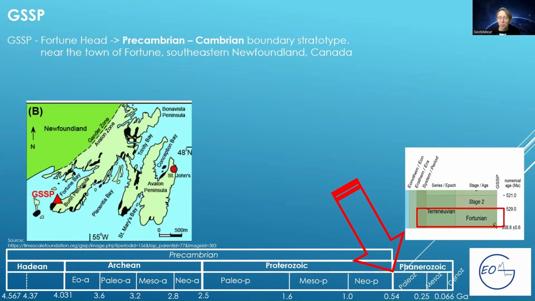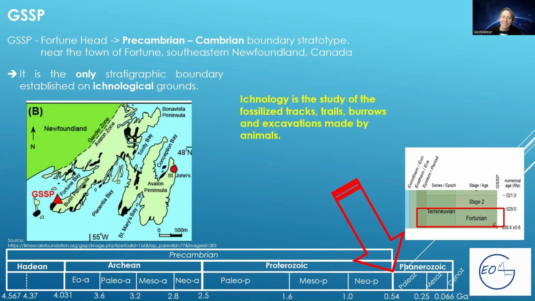Why is this GSSP unique? Because it's the only stratigraphic boundary established on ichnological grounds. Ichnology is the study of the fossilized tracks, trails, burrows, and excavations made by animals.